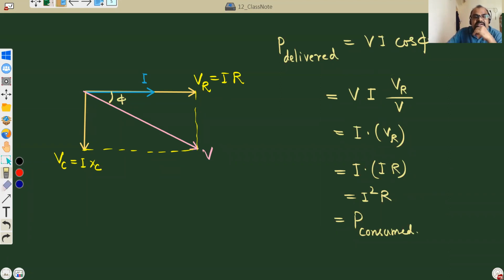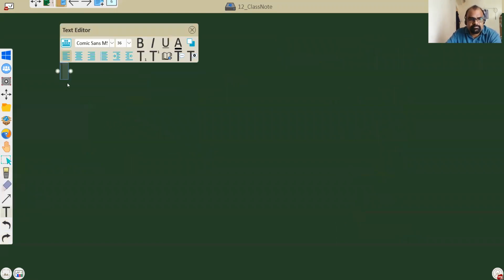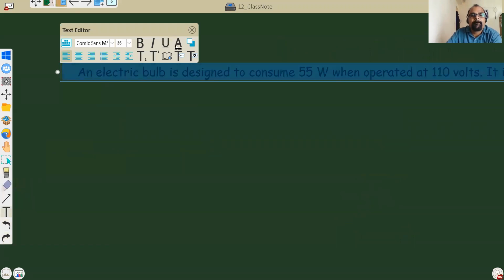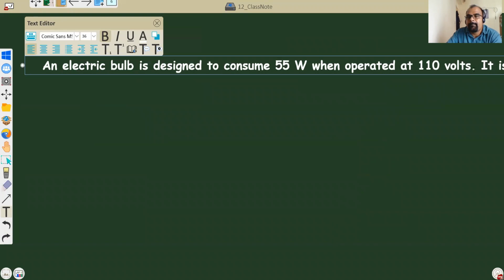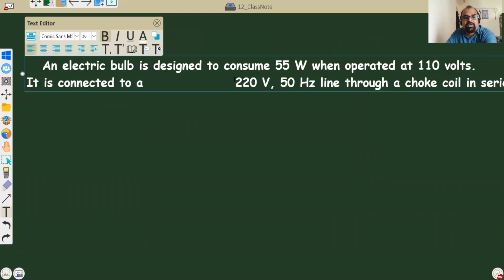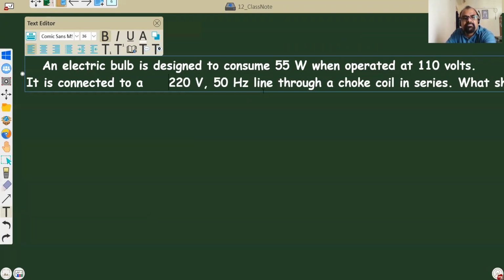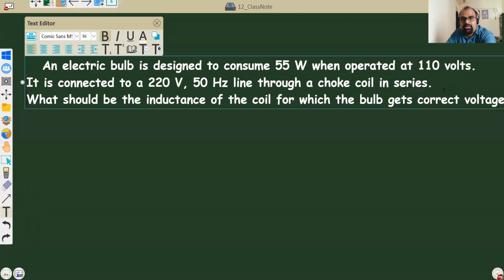I'm looking at a simple question which I can solve in the next 1 or 2 minutes, maybe 4 or 5 minutes. Okay, let's solve this question.